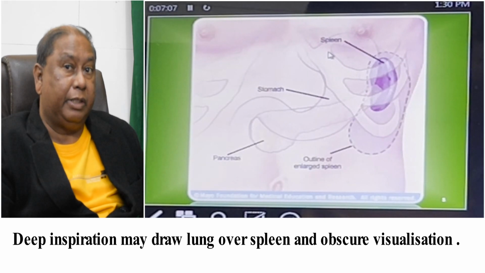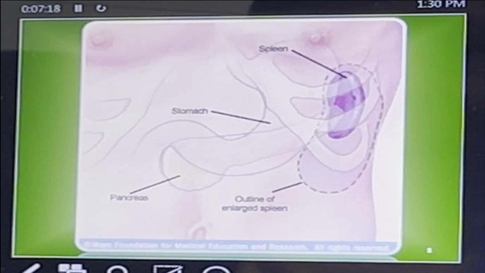If you tell the patient to take deep inspiration, then the lungs will come over the spleen and you cannot see. You can tell the patient half breath. So lung will push the spleen little down but will not overlap.